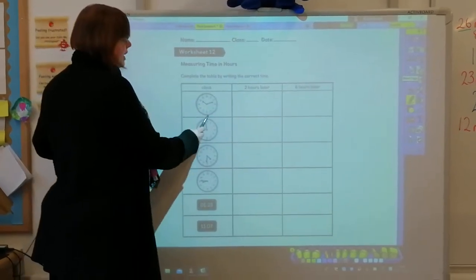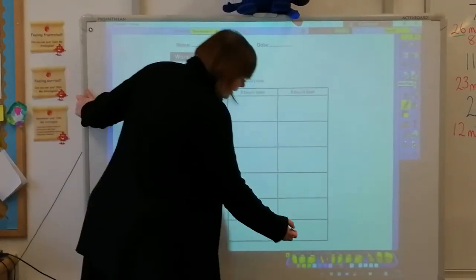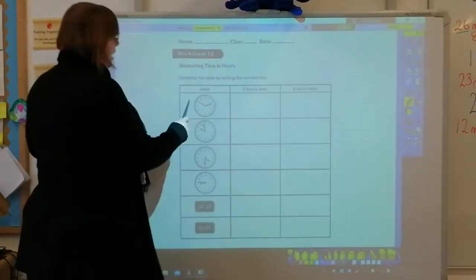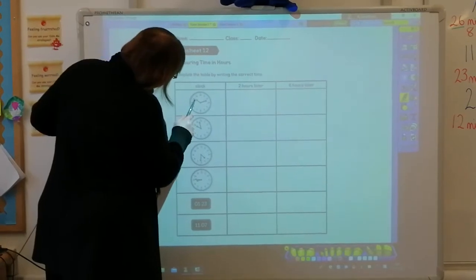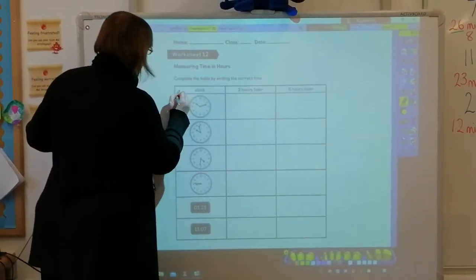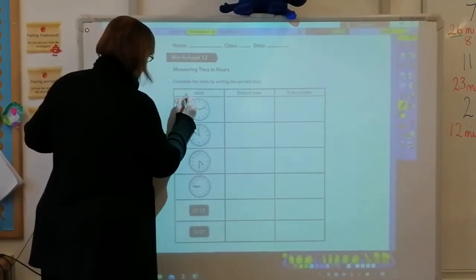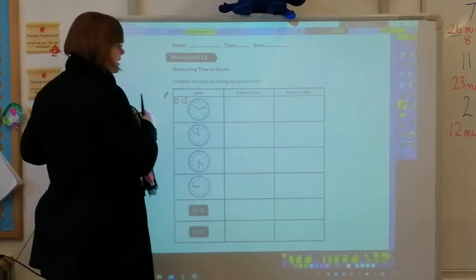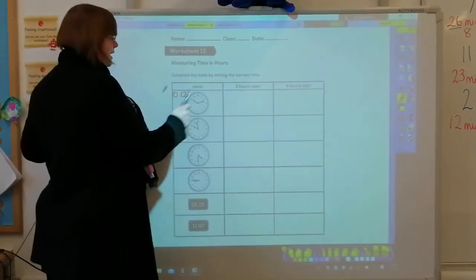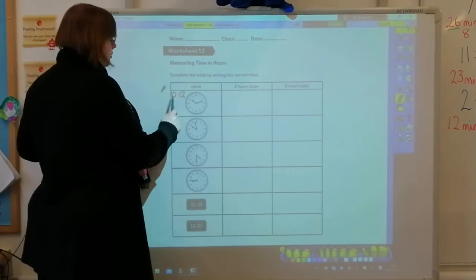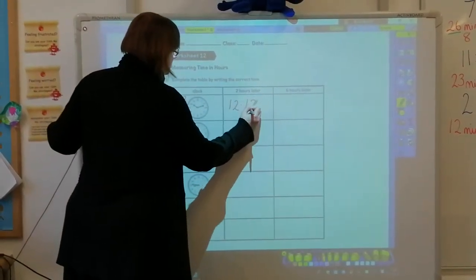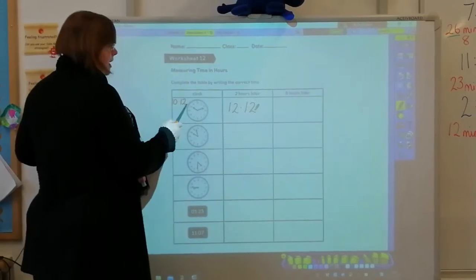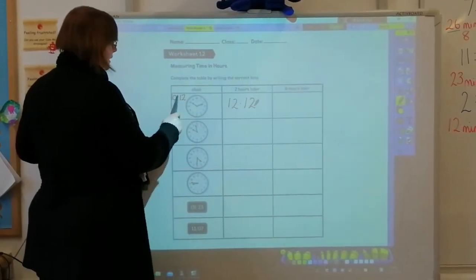It's giving you the starting time here. If I was doing this, I think I would write the time in here. So that is 10:10. Now I've got a starting time. I know that 2 hours later, I would be adding 2 onto this, so it would be 12:10. And then 6 hours later, so I'm adding 6 onto this.